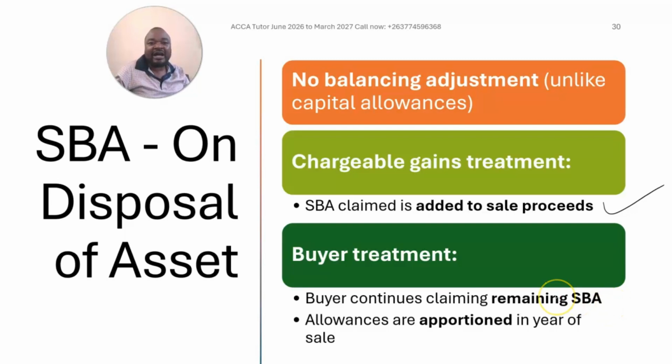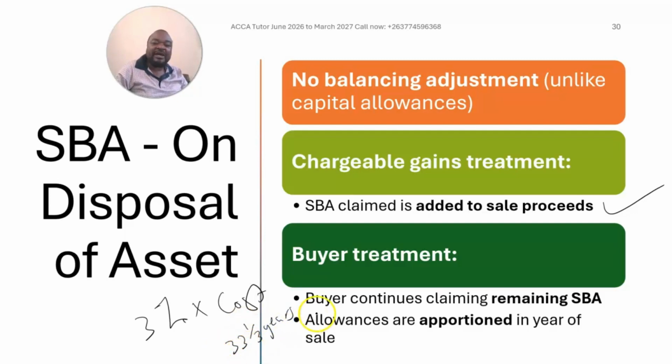Remember, SBA is 3% of the asset's cost, so it is going to be claimed for about 33 and a third years.